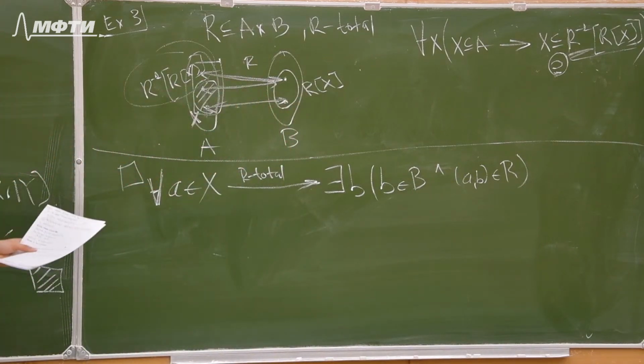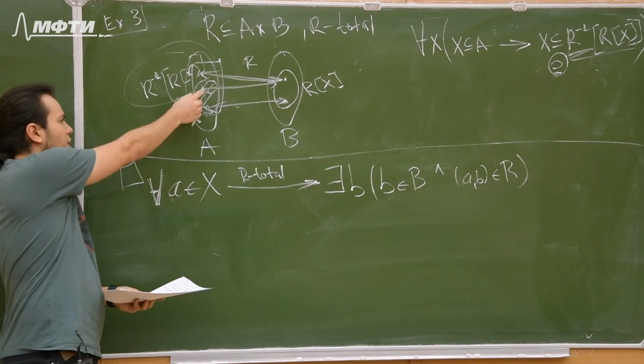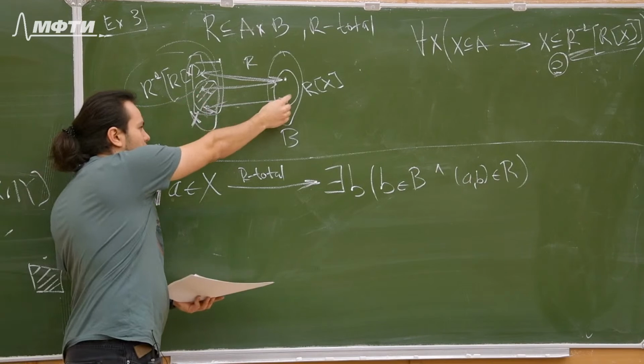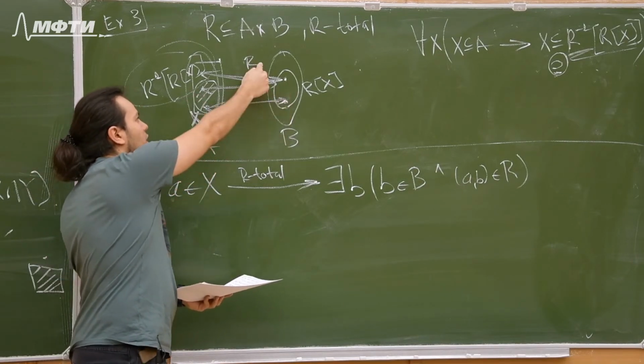So this is true because R is total. So for every element A from here, there exists some B here, such that AB is an element of R.